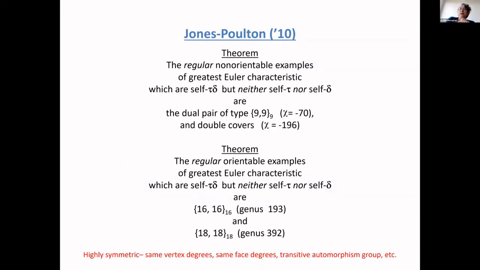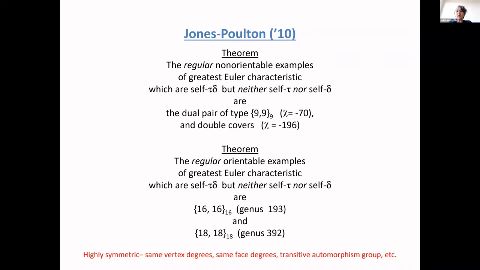And then in 2010, Jones and Poulton came up with a theorem. All of this work generally was focused on regular maps, so all the vertices have the same degree, all the faces have the same degree. There's a lot of symmetry to work with. The theorem says that the regular non-orientable examples of greatest Euler characteristic are the ones that we just saw with characteristic -70 and the double covers with characteristic -196.